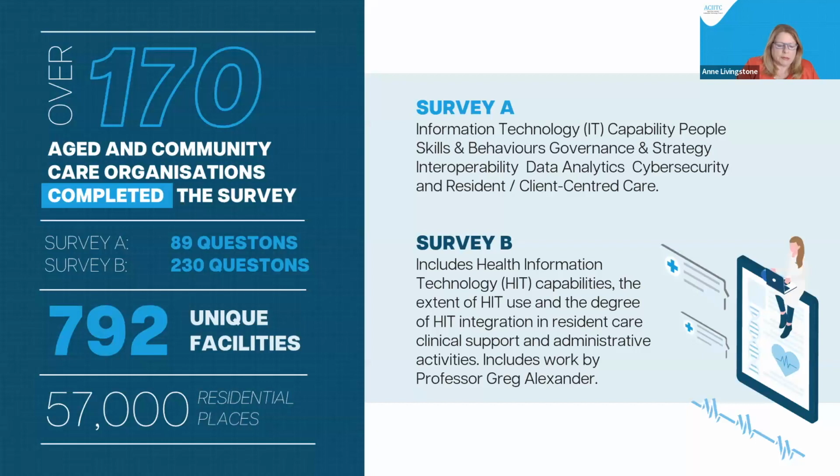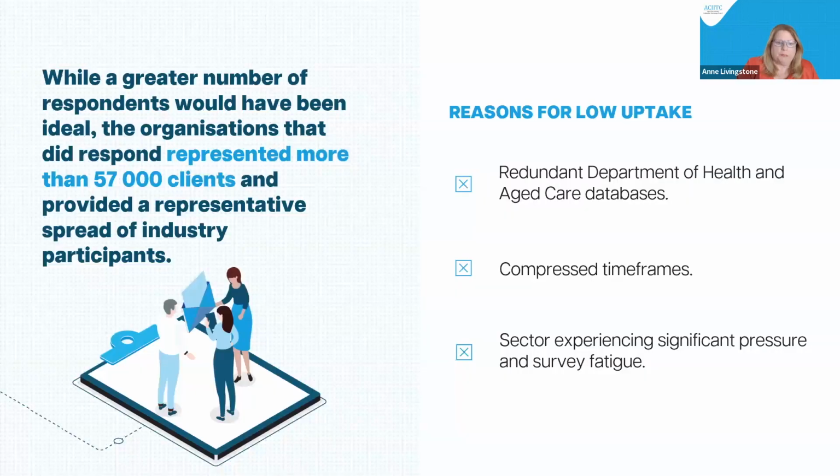So the respondents represented, as I said, 57,000 clients, but also, from our analysis, clearly provided a representative spread of industry participation. For example, we had large multinational organisations respond down to single two-man operations in rural areas.